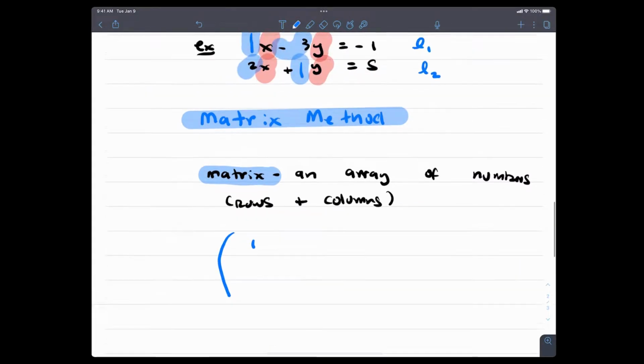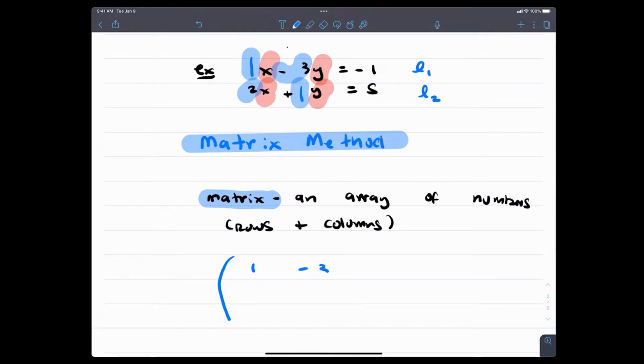I got 1, -3, 2, and 1. Do you guys see those numbers here? See where I got those numbers? So I'm going to take the coefficients, the numbers multiplied to the variables. That's the coefficients. You guys good with that?